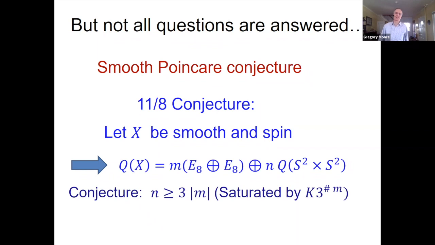And then the conjecture says that n is bounded below by 3 times m, so it's saturated by connected sums of K3 surfaces.